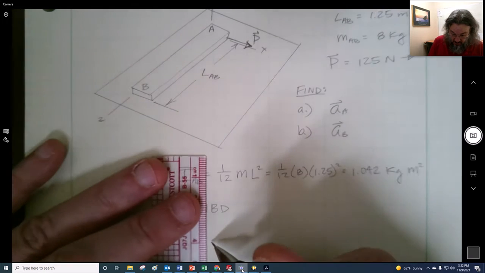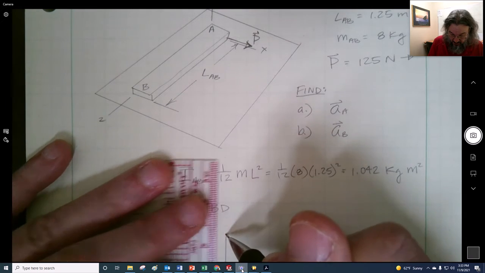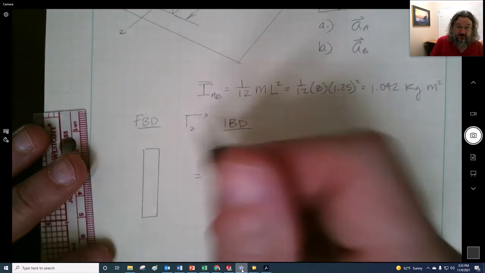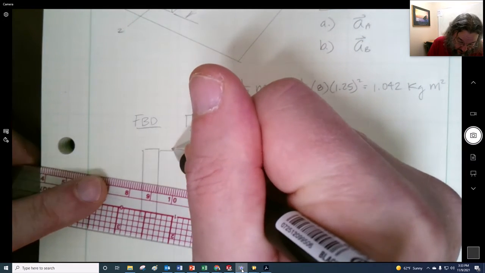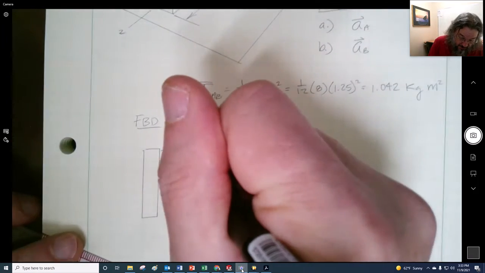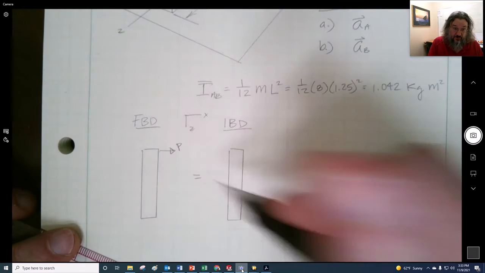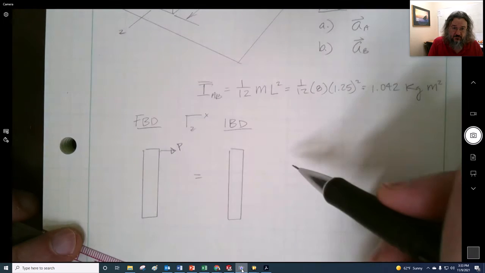Labeling and applying what's happening to it is really the main thing that's going to get us where we want to go. There's P being applied to it, and that's the only force we're going to see in this plane.